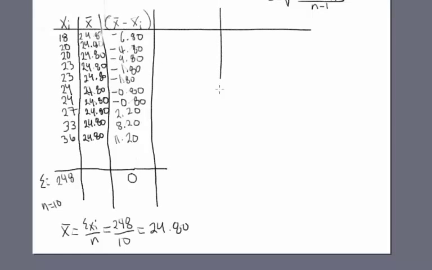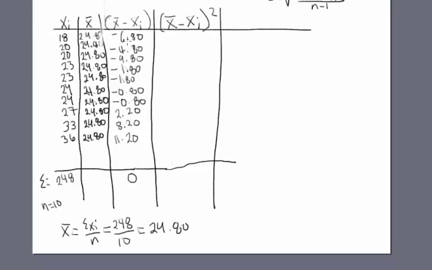The next column I'm going to make is this fourth column, and that's going to represent the quantity x bar minus x sub i, squared. So in other words, I'm going to take this value here and I'm going to square it. Now remember what your third grade teacher taught you, that if you square a negative value, you will always end up with a positive value.